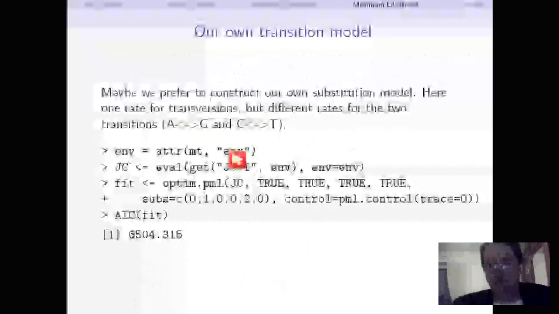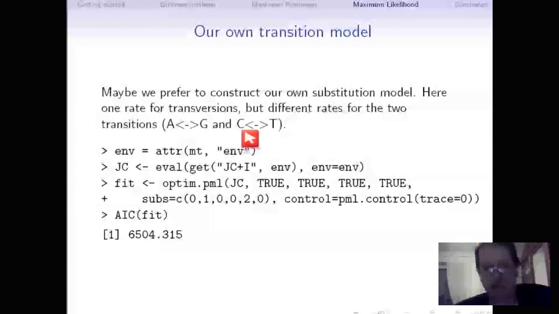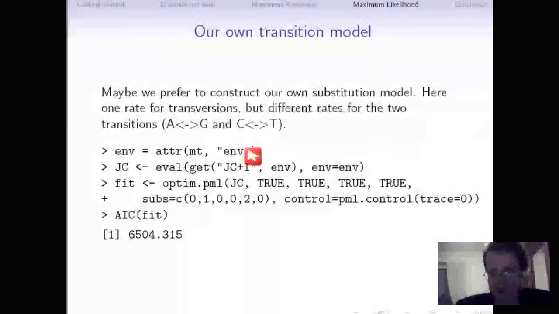But now we want to estimate the substitution matrix differently, so for example we define a substitution matrix where we estimate parameters. We give one rate for transversions, and we give 2 different rates for transitions. And why would we like to do this? Well, in our case the species are very closely related, so we actually have lots of transitions but almost no transversions.